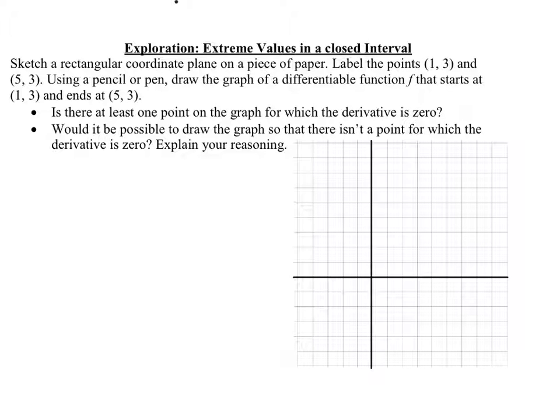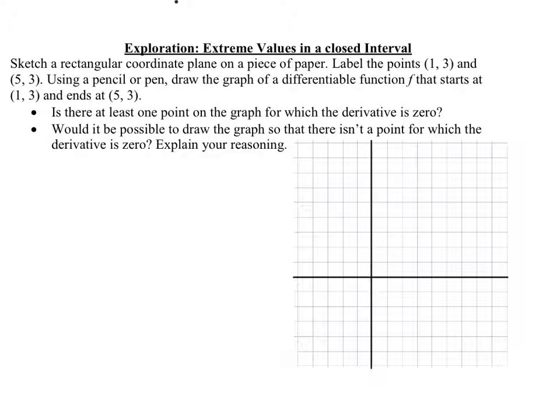Then it says, using a pencil or pen or your iPad, draw the graph of a differentiable function f that starts at 1, 3 and ends at 5, 3. I don't care what happens in the middle as long as the function is differentiable and continuous. If it's differentiable, it has to be continuous, right?